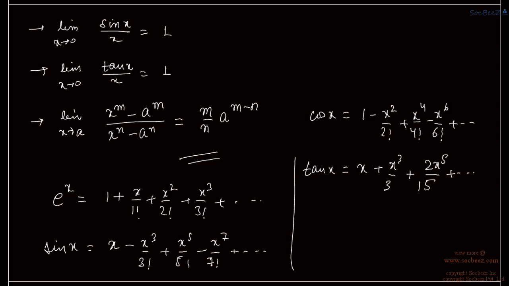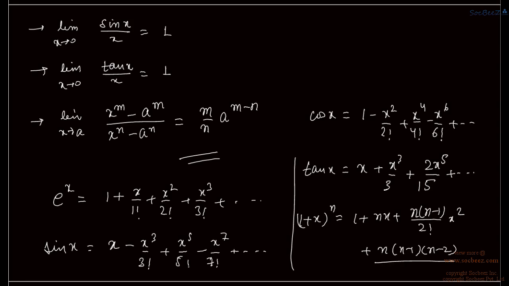We have the expansion for (1 plus x) to the power n: 1 plus nx plus n(n minus 1) upon 2 factorial x square plus n(n minus 1)(n minus 2) upon 3 factorial x cube plus dot dot dot.